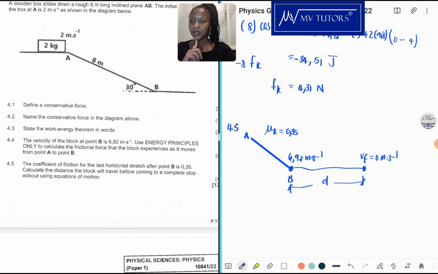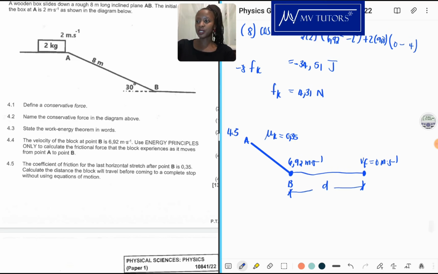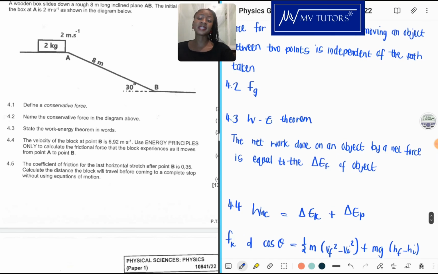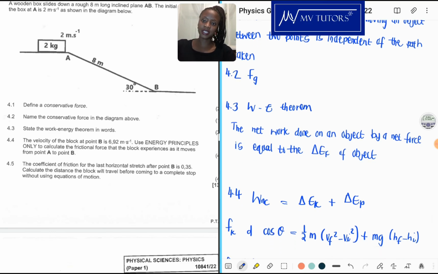Okay guys, what are we going to use here? If we're not using the equations of motion and we're dealing with velocity, the one thing I can think of is kinetic energy. So remember for 4.3, we stated the work energy theorem, where it says the net work done on an object by a net force is equal to the change in kinetic energy of the object.